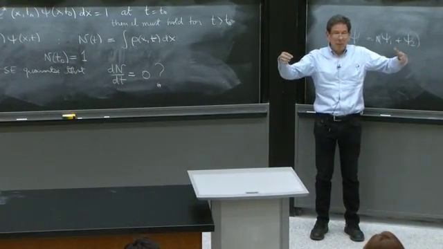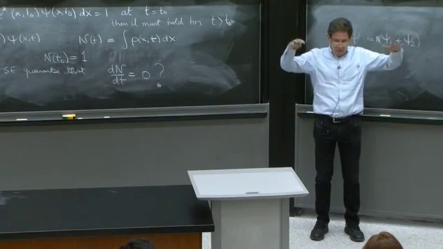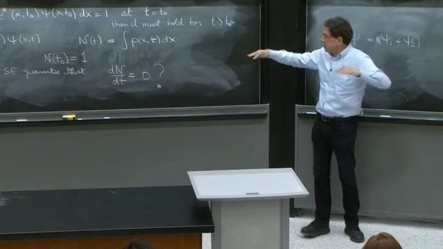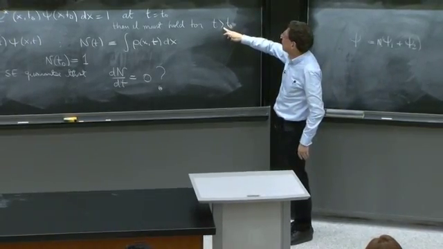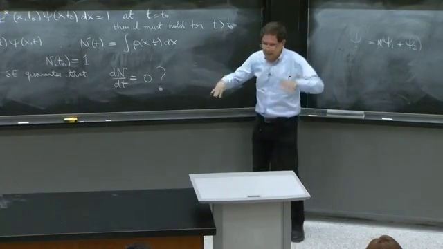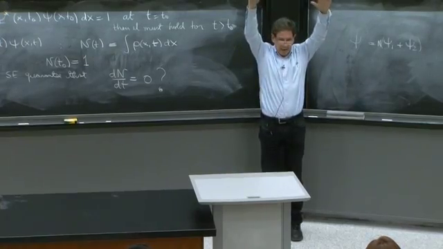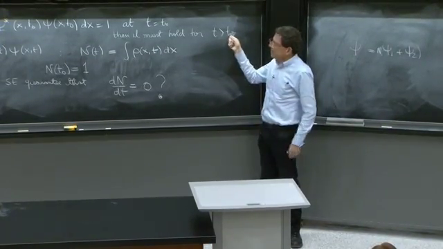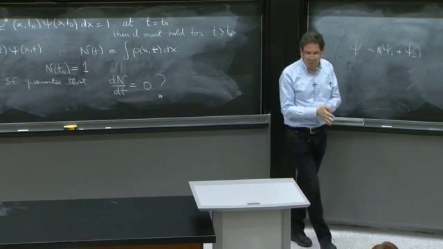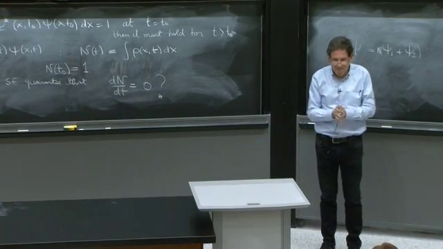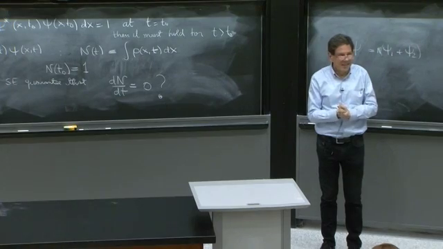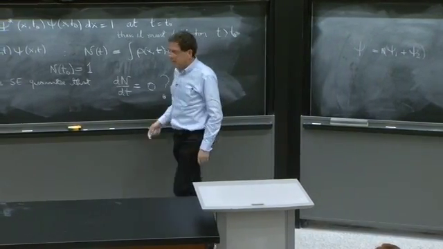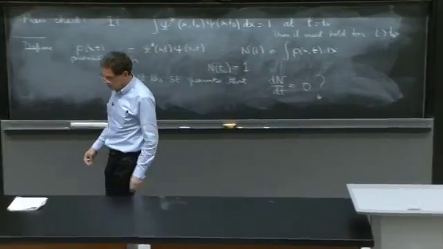Now, if a system existed for a long time and you look at it at t naught, then certainly the Schrödinger equation should imply that it works later and it works before. So it's not really necessary, but no loss of generality. Okay, so will it guarantee that? Well, that's our thing to do.